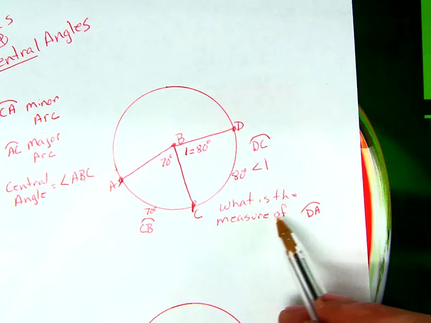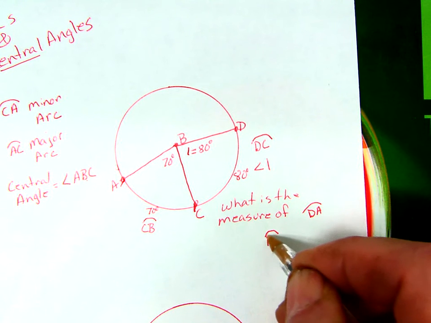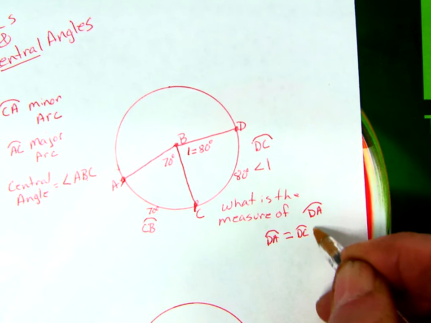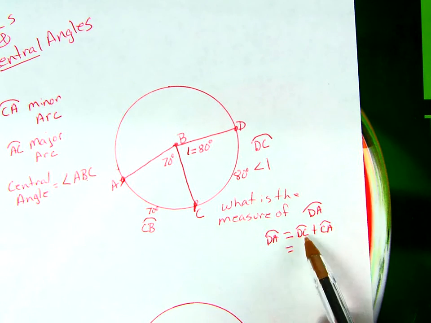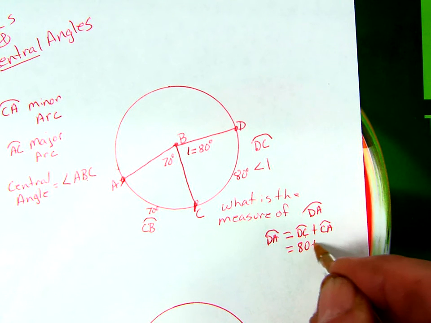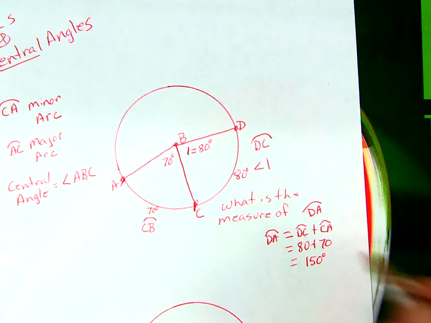So what is the measure of arc DA? Arc DA equals arc DC plus arc CA. Now replace these with values. 80 plus 70. So it's 150 degrees.